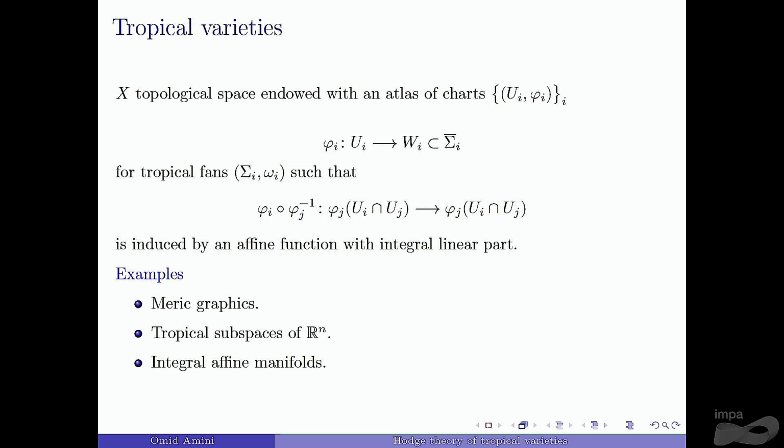Okay, so maybe two examples. If you have an integral affine manifold, you take any real manifold and suppose you have an atlas of charts where the transition maps are defined by affine functions with integer slope, with integer coefficients. This is an example of a tropical variety.